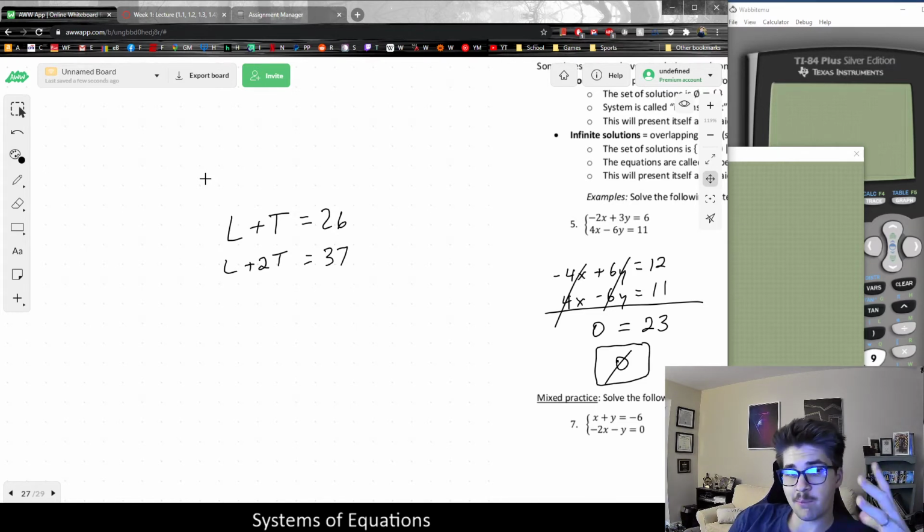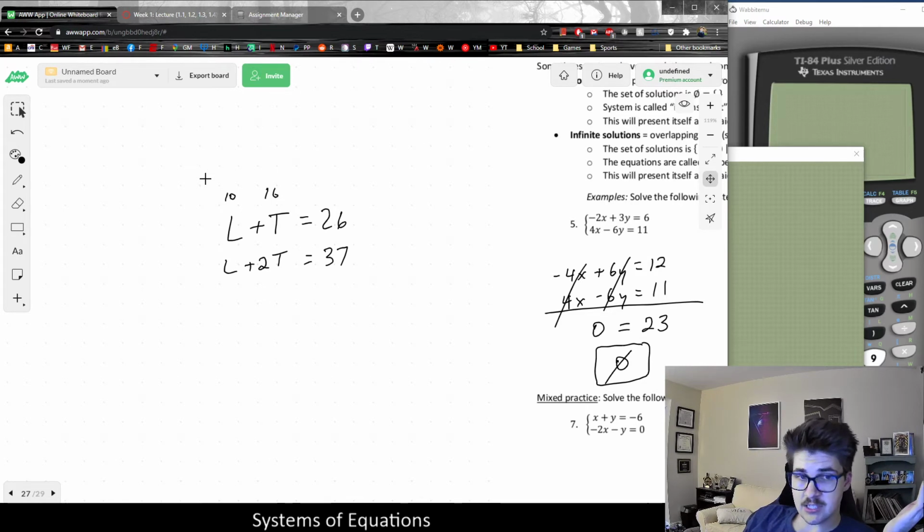If you're in that branch where you have difficulty creating equations, what I suggest is to say, well, we don't really know the answer, but let's just hypothesize what a solution looks like. Let's say she had 10 loonies and 16 toonies. That would make 26 coins. So maybe that's my answer, right? I could hypothesize the x comma y coordinate, or L comma T in this case. But it would have to work in both situations.